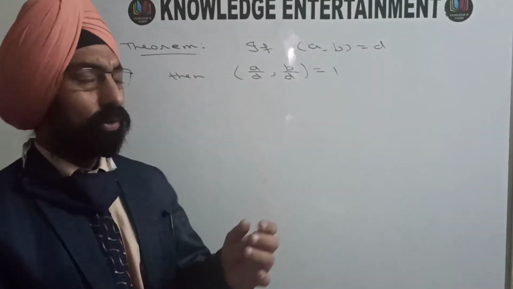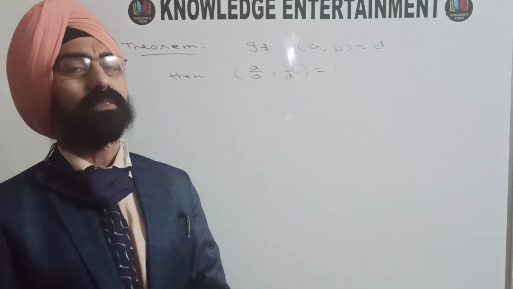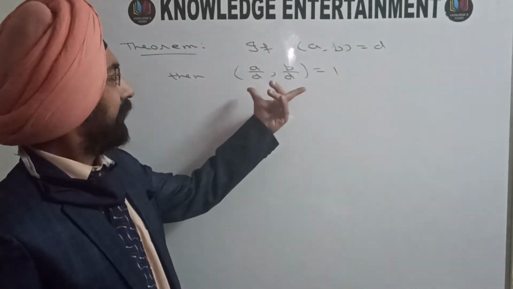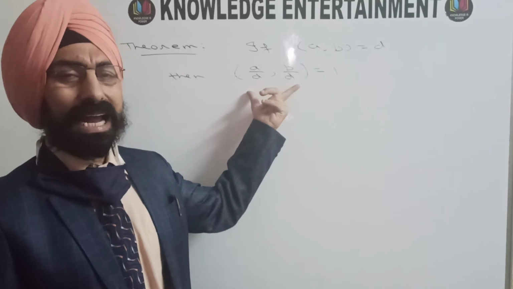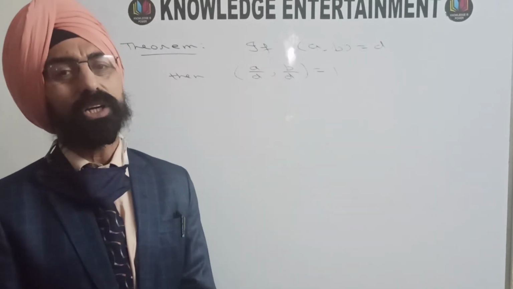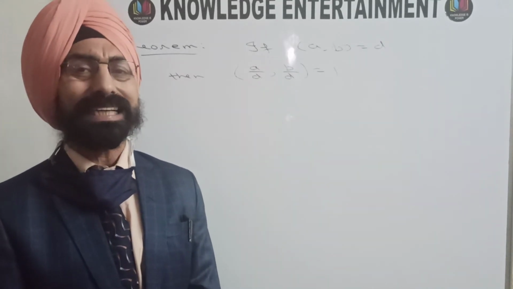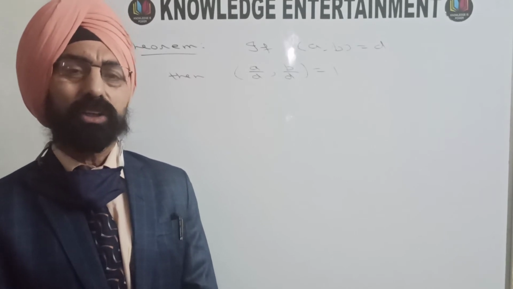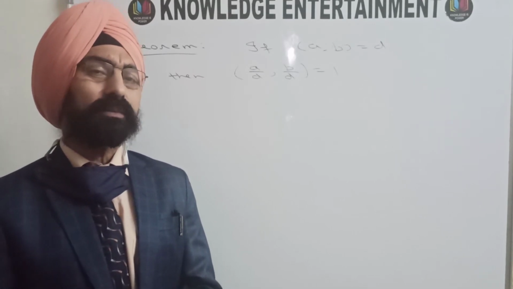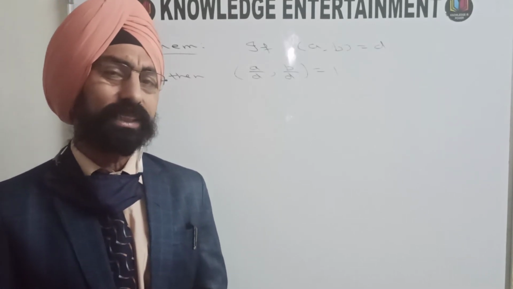And how will we prove it? We will prove that A upon D and B upon D have no common divisor greater than 1. And we will prove it by the method of contradiction.